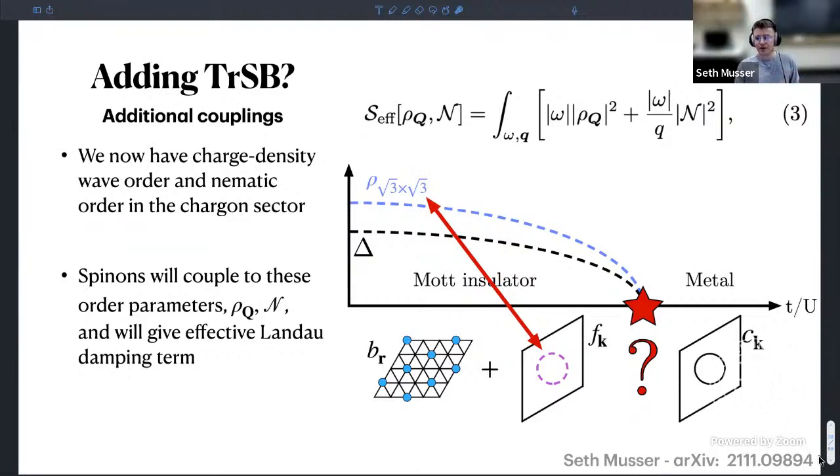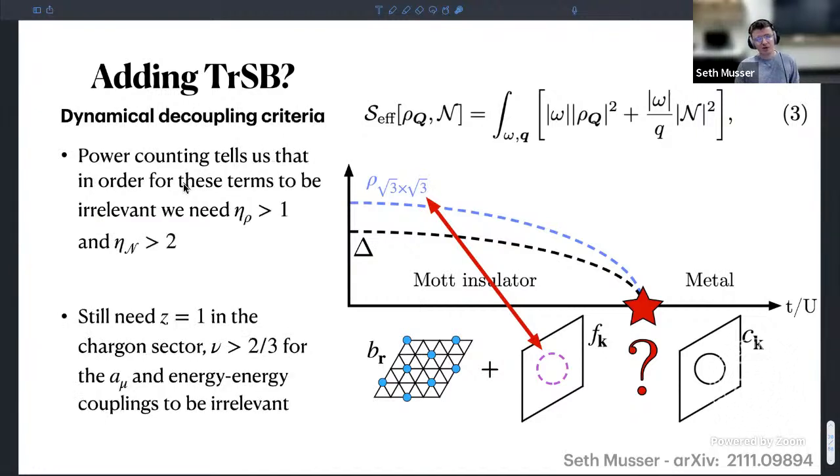We've just thought about coupling to spinons. So if we just do power counting again, it tells us that in order for these terms to be irrelevant, we need the anomalous critical dimension of the CDW order parameter to be greater than 1, and the anomalous critical dimension of the nematic order parameter to be greater than 2.